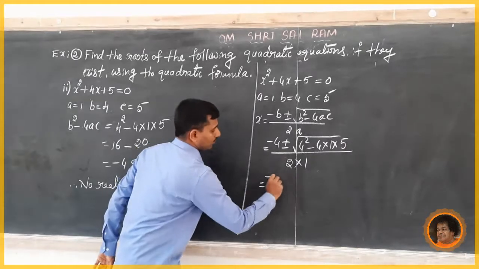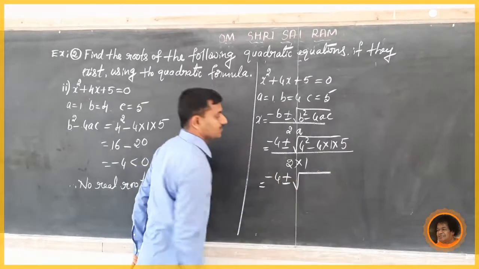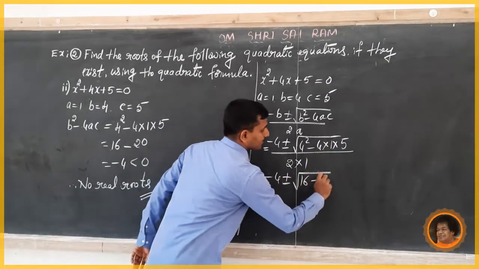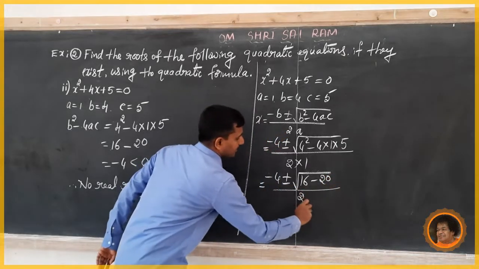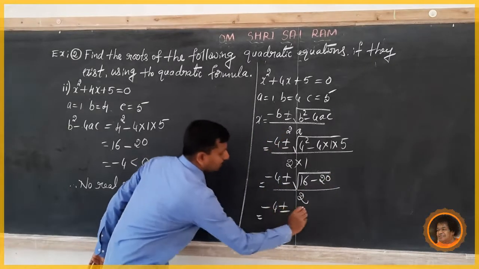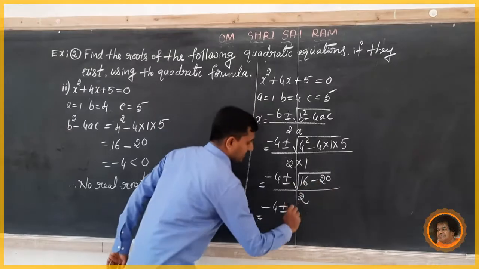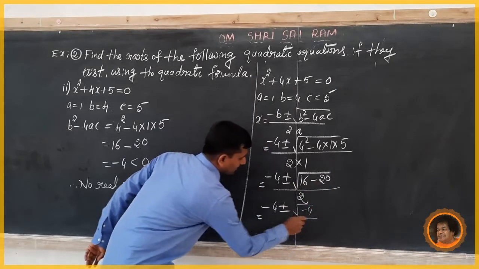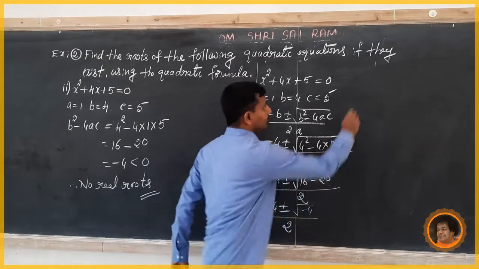So this is equal to minus 4 plus or minus square root of 16 minus 20, divided by 2, equal to minus 4 plus or minus square root of minus 4, divided by 2.